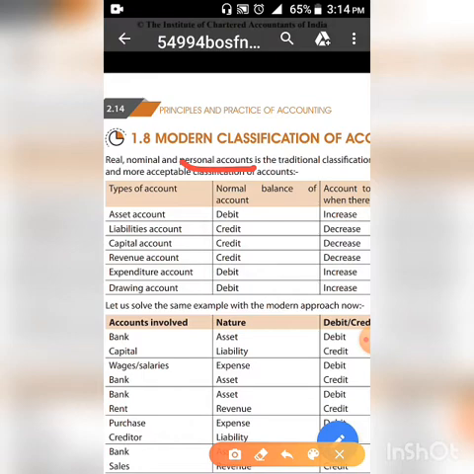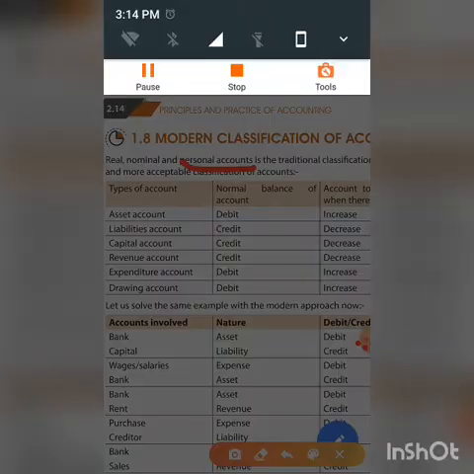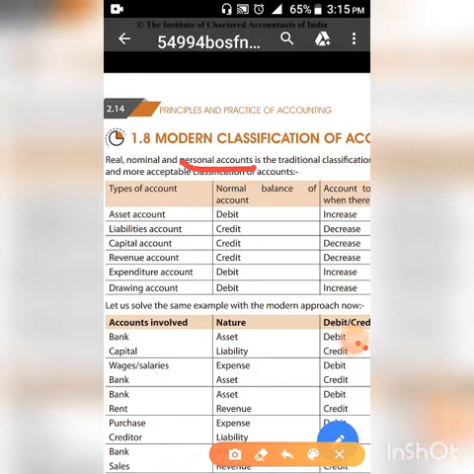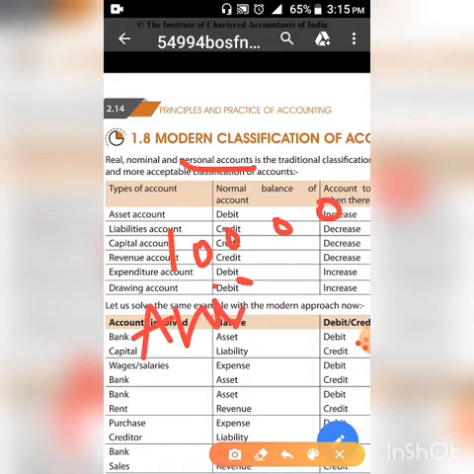For example, a person named Anirudh asked Krishna to give him some amount of 10,000. So, who is the receiver of this amount? Anirudh. Who is the giver of the amount?